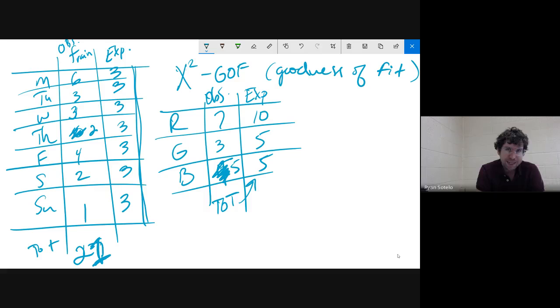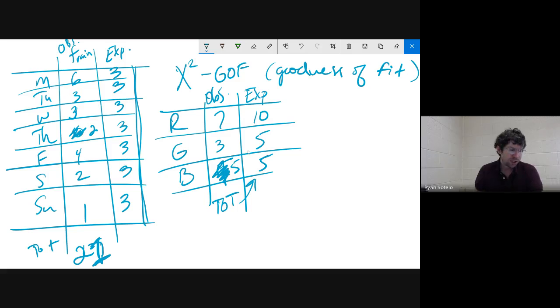That's your expected column. And then you get data from the question or from your study where you get the actual distribution that you observed. So on 6 Mondays it rained, and 3 Tuesdays it rained, and 3 Wednesdays it rained, whatever. So you have those two columns.